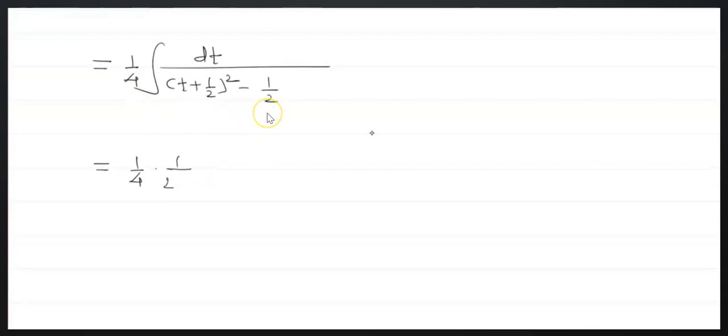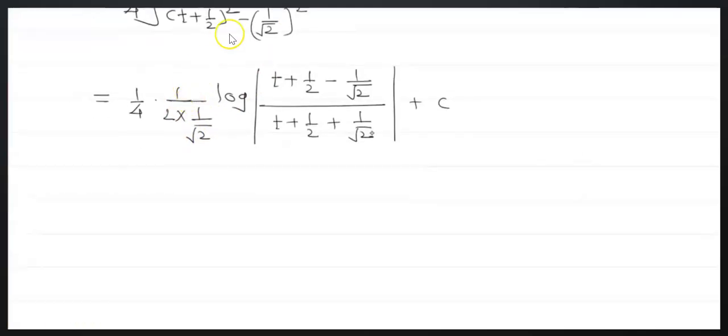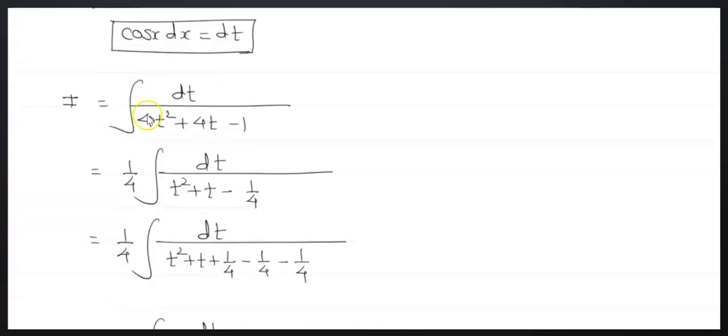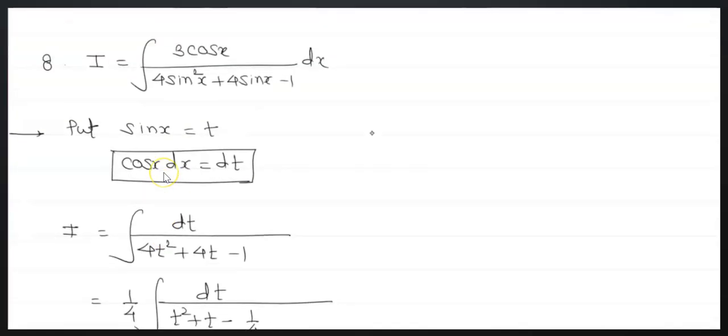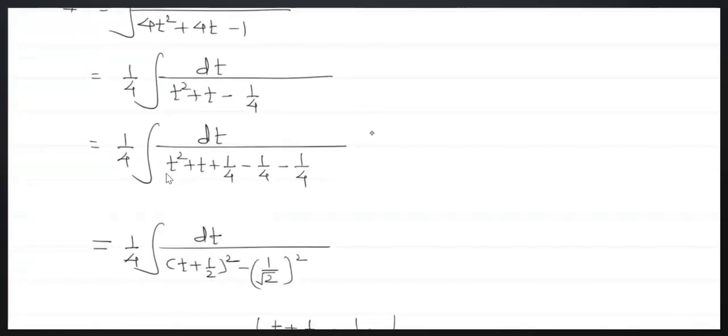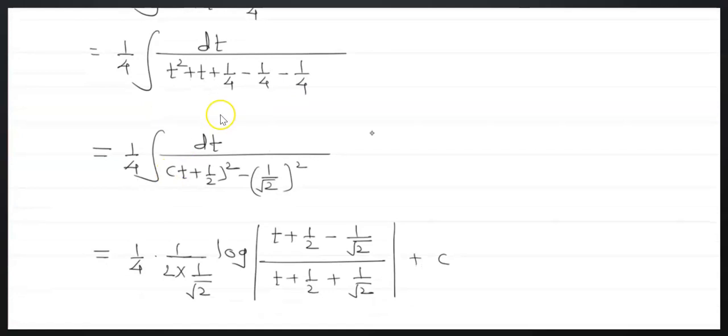And this is the x square minus a square form, that is 1 upon 2a. 1 by 4 integral dt upon t plus 1 upon 2 bracket square minus 1 upon 2 bracket square. Something is wrong.